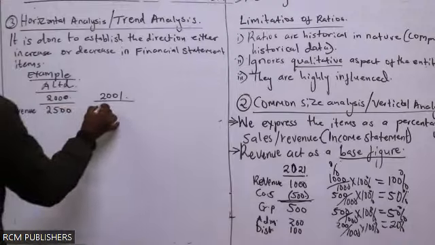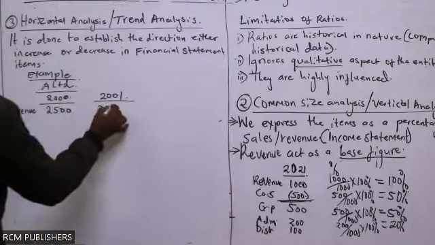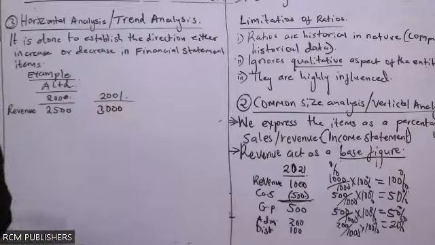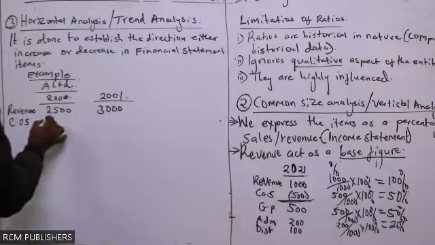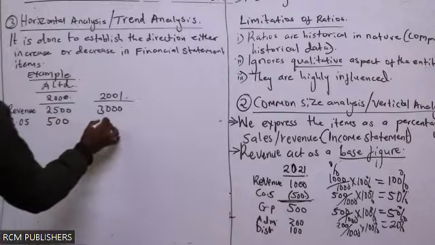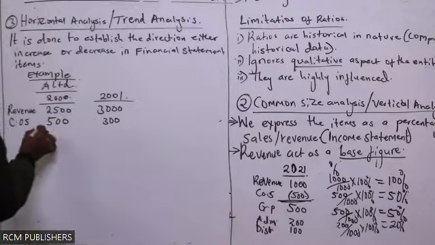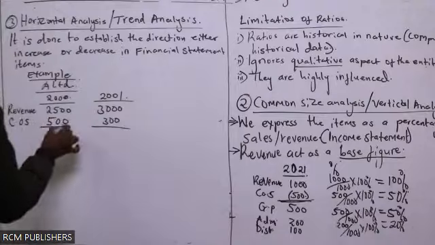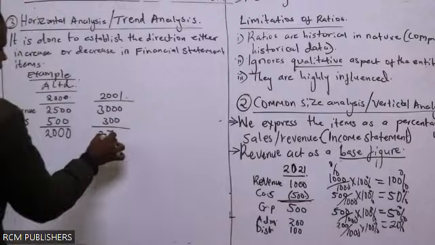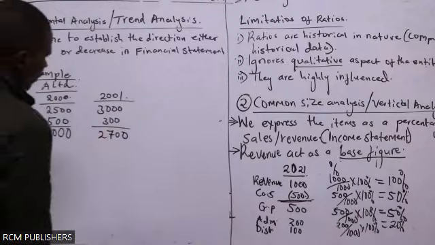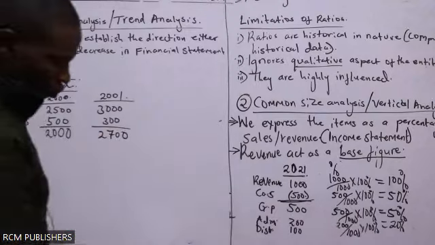Then hapa tuko na revenue ya 3,000. Then hapa tuko na cost of sale maybe 500. But tuko na 300. Then our gross profit itakuwa ngapi hapa? 2,000. Hapa itakuwa 2,700.